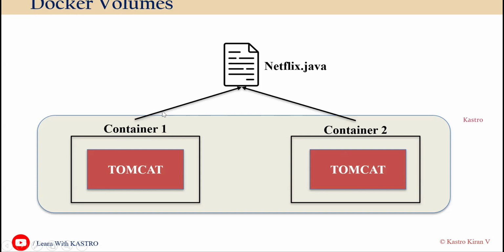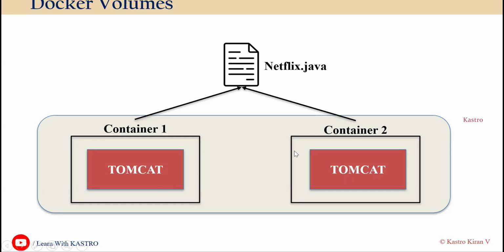Is it possible to share data between two containers, the same data for two different containers? When I change the data here, the application running in container 1 and the application running in container 2 will both have the updated version of the application. That is how you can share the same data between different containers.